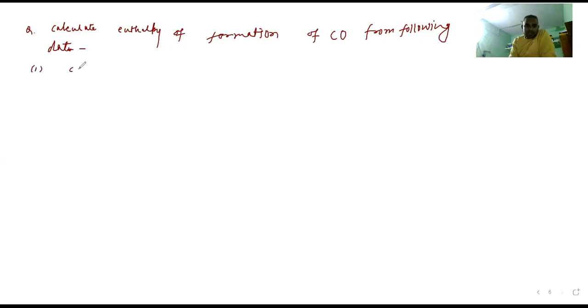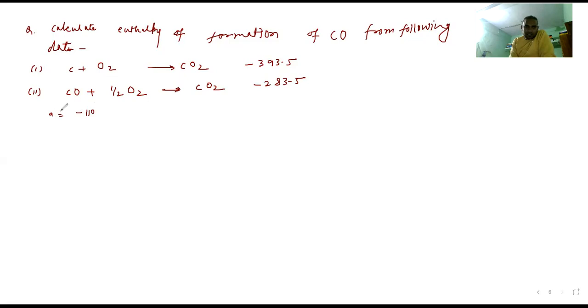The first one, they are saying C plus O2 gives CO2, energy release 393.5. Then the second equation, CO plus half O2 gives CO2 again, and this time 283.5. Option A they have given minus 110, and this is kilojoule per mole.